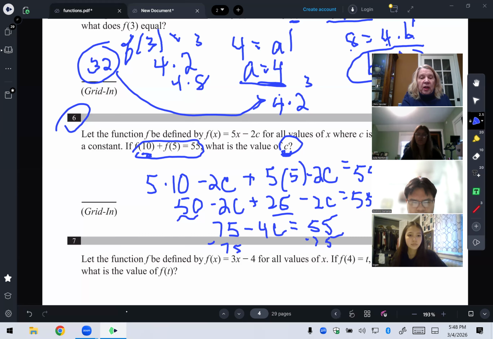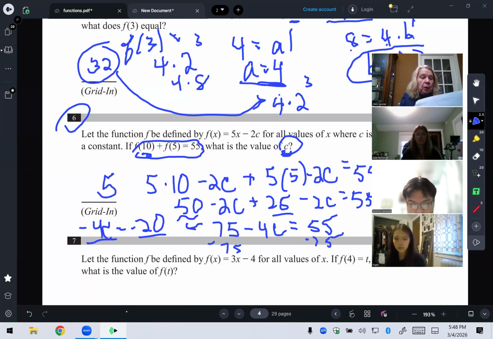Negative 4c equals negative 20. Divide by minus 4, so c is 5. I realize you're just jumping in, Logan, so we're just starting off in functions.